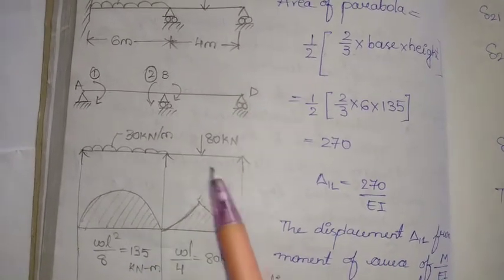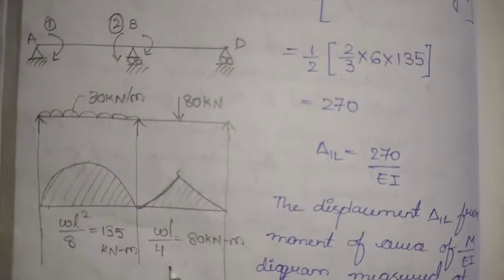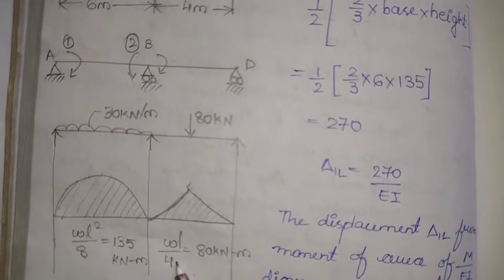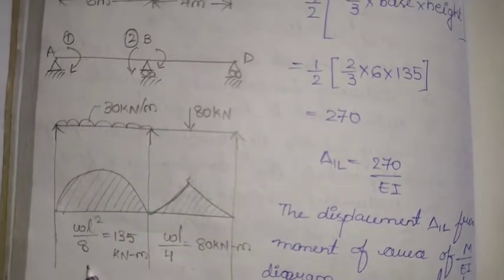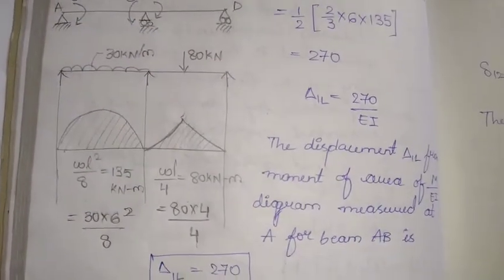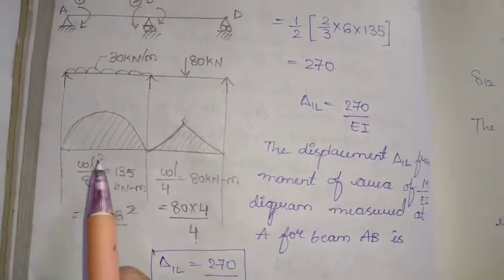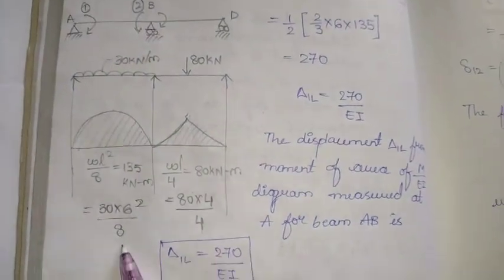For a simply supported beam with a central point load, the height of the bending moment diagram is WL by 4, and for a UDL it is WL square by 8. Here W is 30 kilonewton and L is 6 meters, so the span is 6 meter, giving 30 into 6 square by 8.